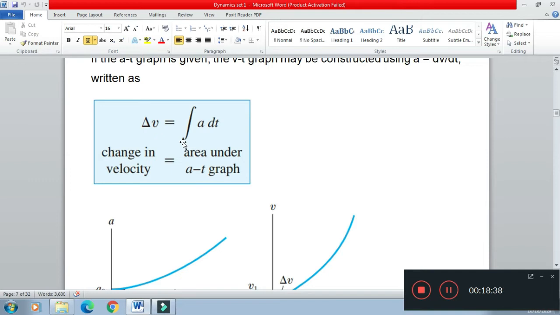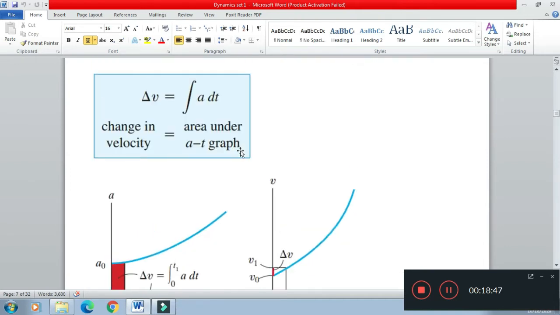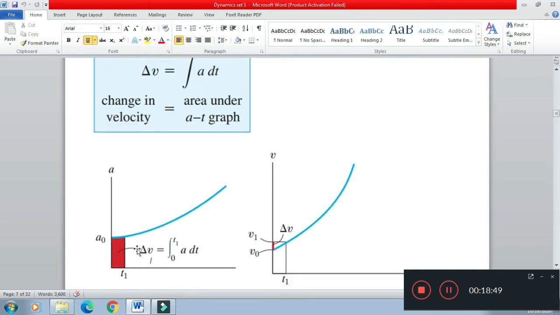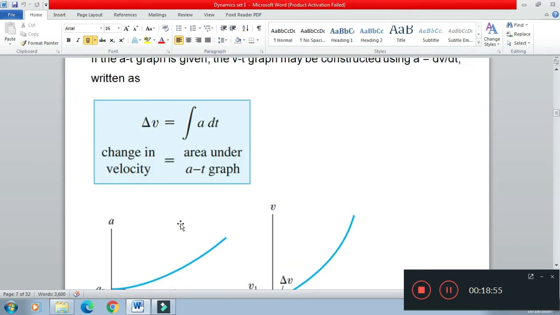But if you want to find velocity, we have to integrate acceleration and dt. So acceleration multiplied by dt is the area under the curve. The area under the curve will show the change in velocity.